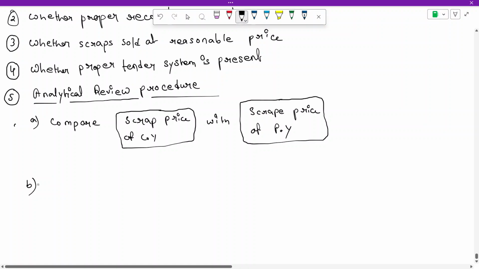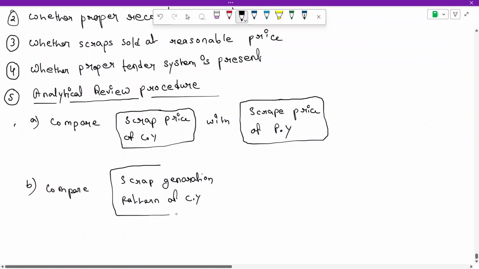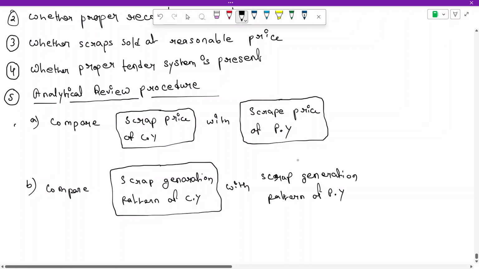Second, we will compare scrap generation pattern of current year with scrap generation pattern of previous year.